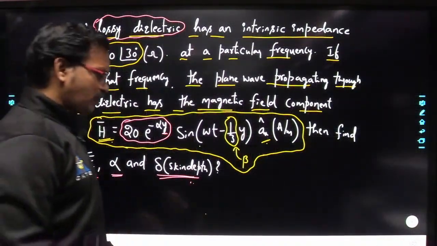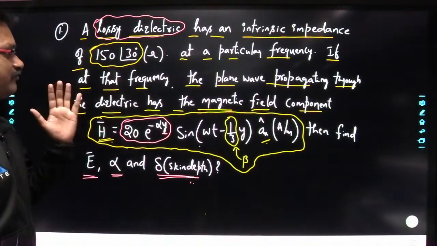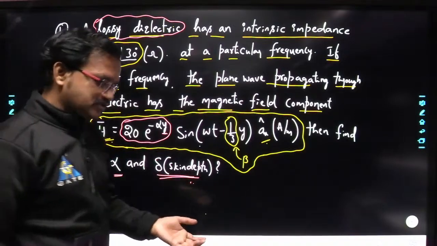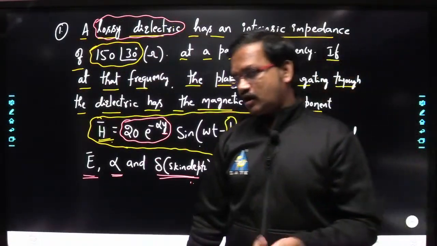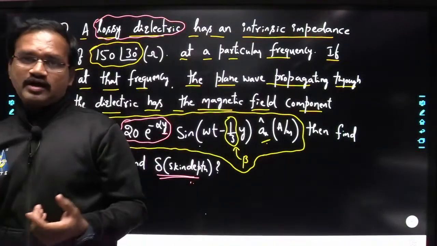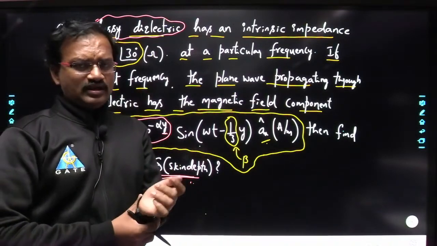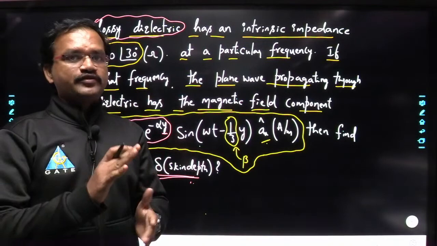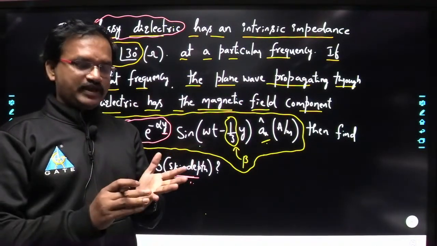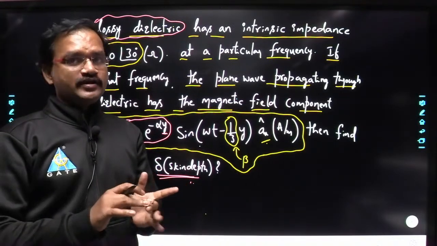Generally, whenever problems come based on lossy medium, students have some confusion, because in lossy medium we can categorize into different types: simply lossy dielectric, low lossy dielectric, and high lossy dielectric.